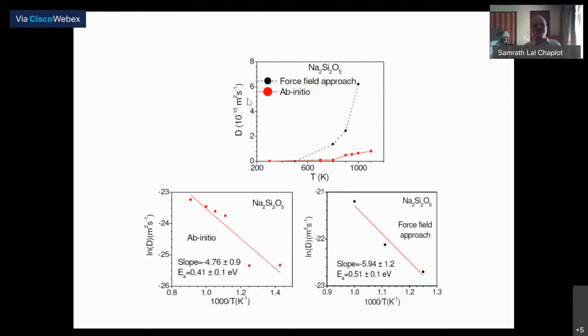If you plot the diffusion coefficient as a function of temperature, below a certain temperature your diffusion is practically not observable at the simulation time scale. It may be much too slow, so you can't see it. But beyond that temperature, you begin seeing it.